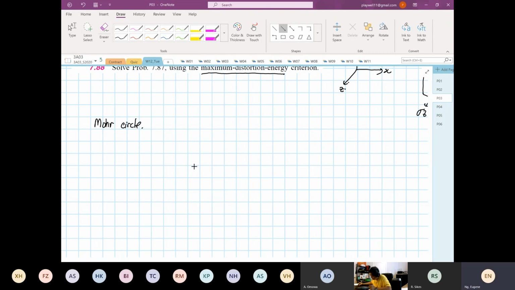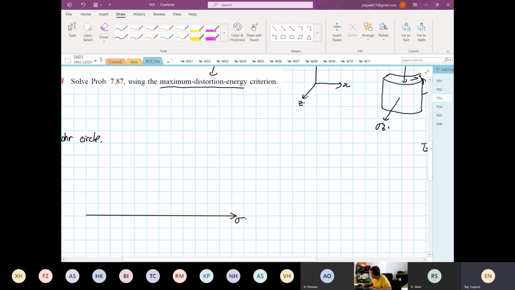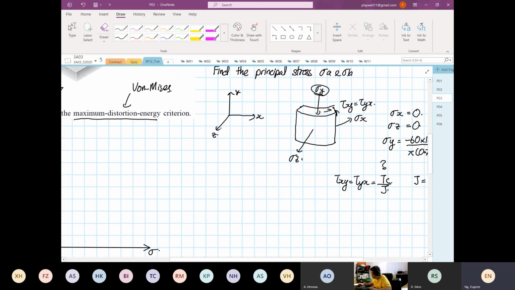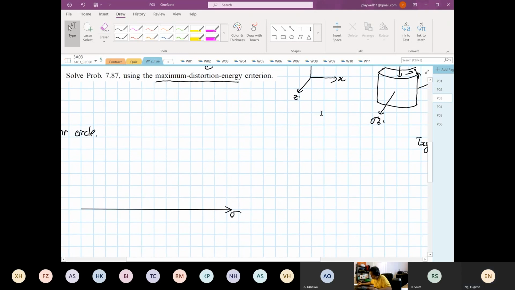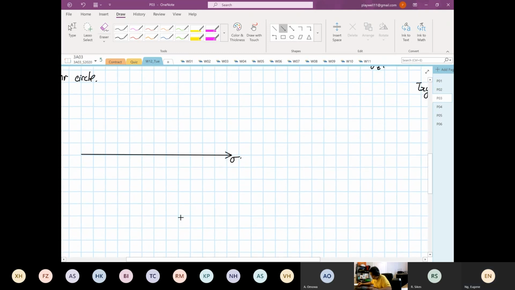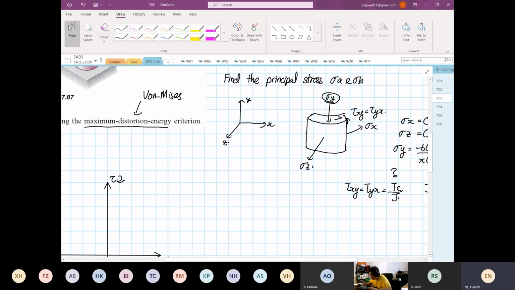So we know that this is our normal stress. And then we have our shearing stress. I'm going to focus more on negative, because we know that stress Y is in the negative side, okay? Right, so this is our normal stress, okay? So I'm going to label our points again.